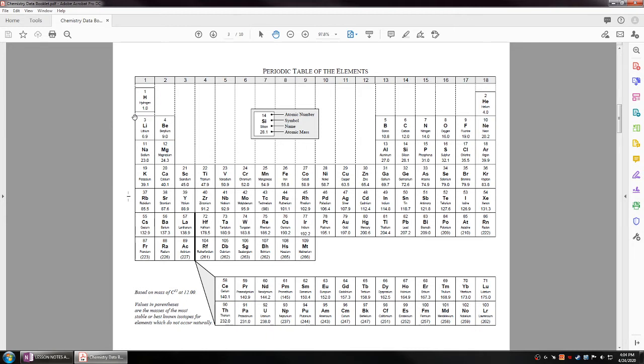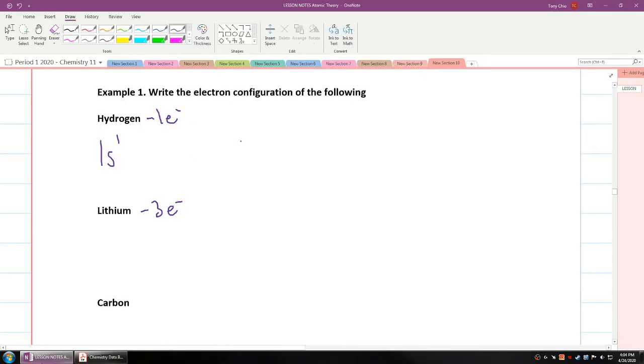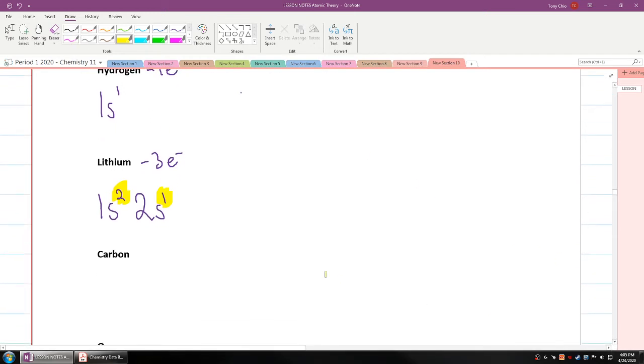It has one electron in the 2s orbital and two electrons in the 1s orbital. So we write it as 1s2, 2s1. Notice that these numbers up here always add up to the number of electrons.